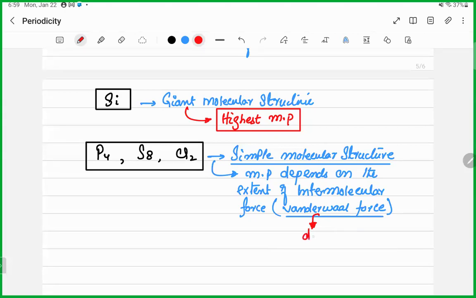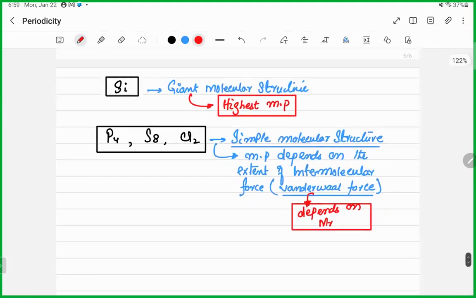van der Waals force depends on the MR, ठीक है, मॉलिक्यूलर मास के ऊपर, और depends on the area. So among the list, can I say that this sulfur, which exists as an S8 molecule, has the highest MR?